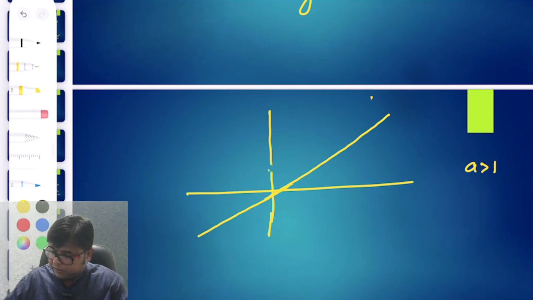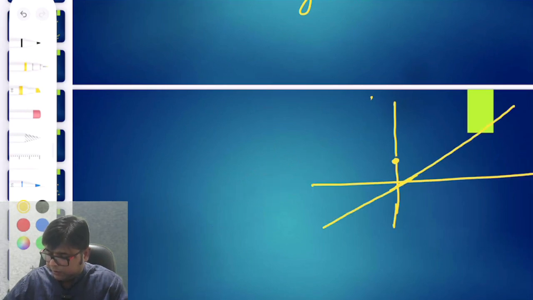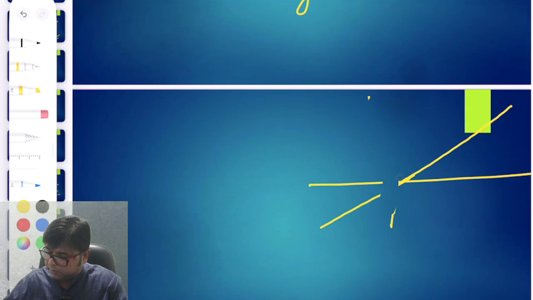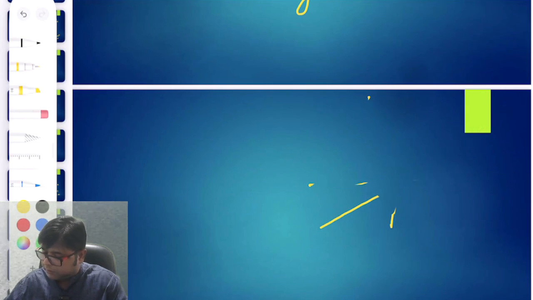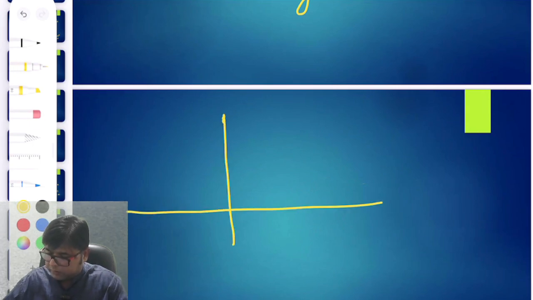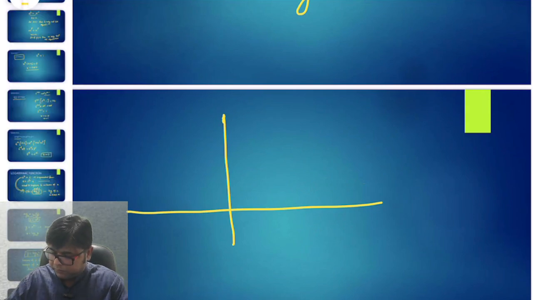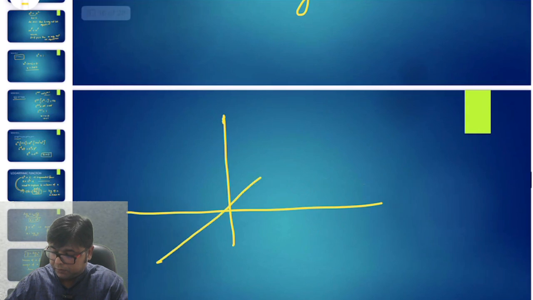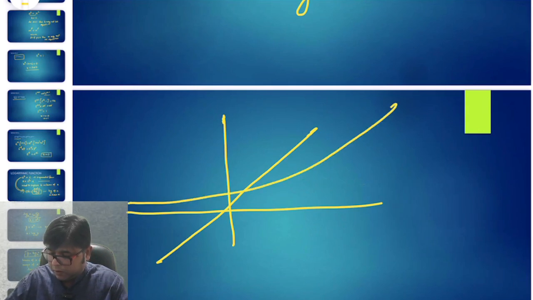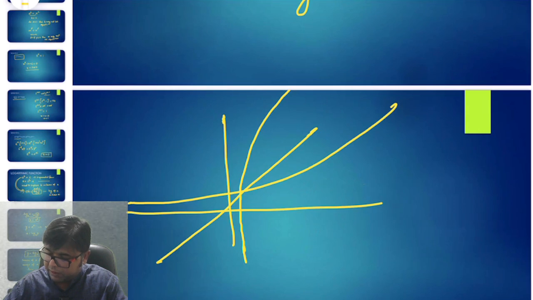Okay, y equal to x is this line, and my exponential function is like this, and my logarithmic function therefore has to be the reflection in the line y equal to x. So it will be like this.